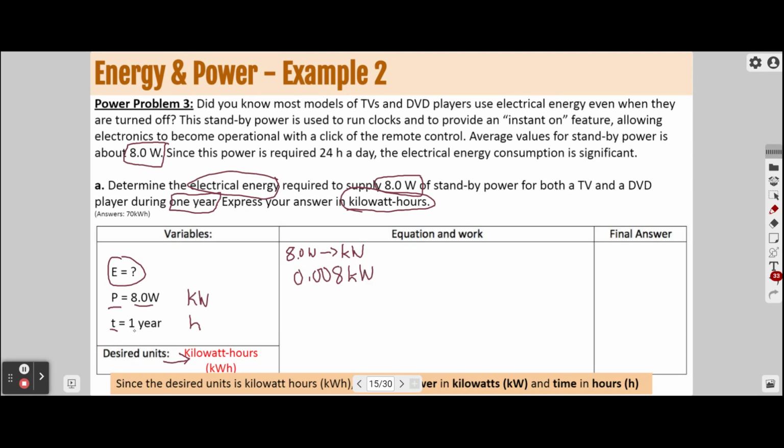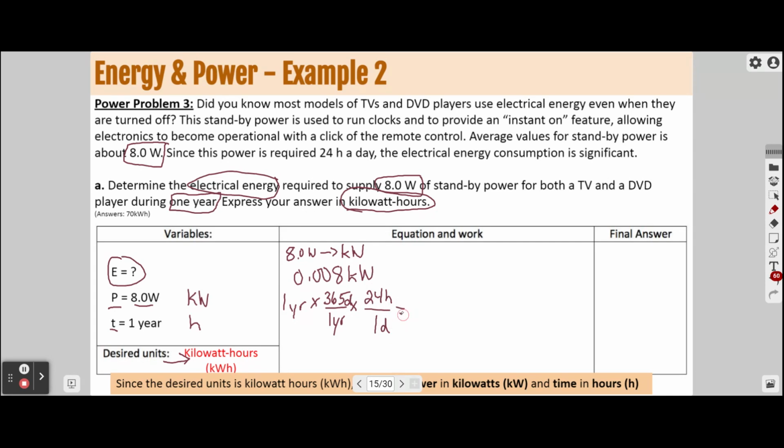Then we have our time in years, and we're going to need to change years to hours. So in 1 year, there are 365 days, times 24 hours in 1 day.